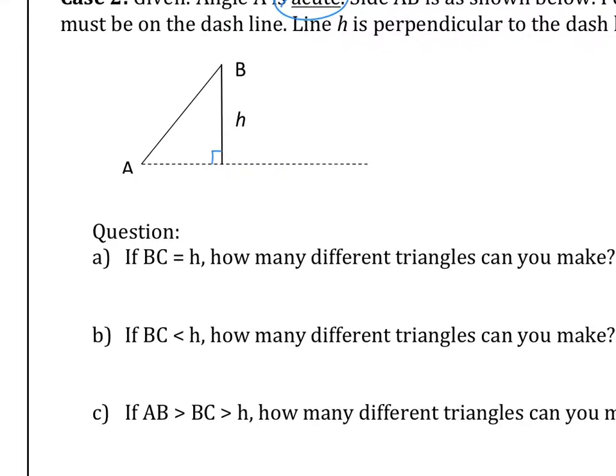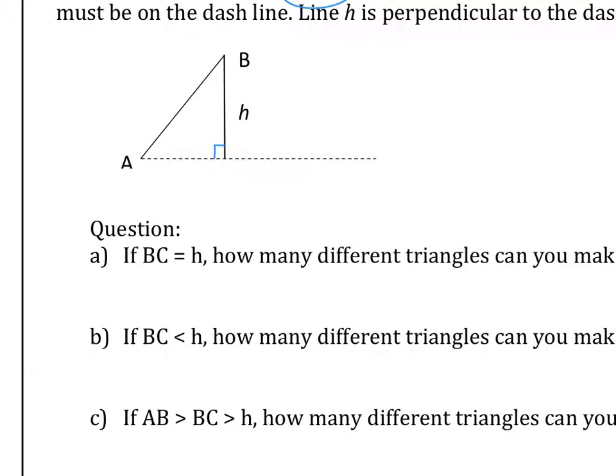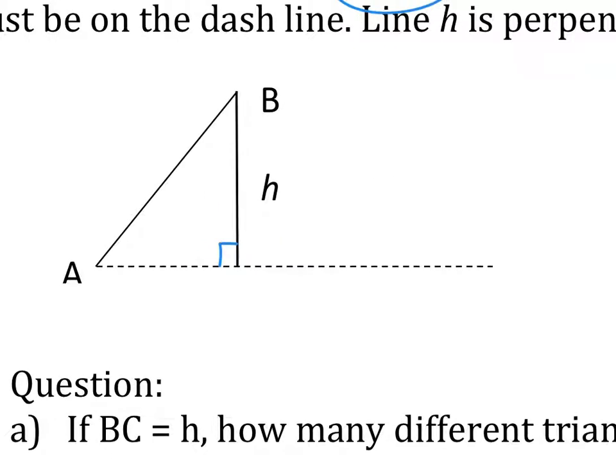Four cases, or four questions. If BC is H, how many different triangles can you make? Don't say anything. If BC is shorter than H, how many triangles can you make? If BC is in between AB and H, meaning a length like this long, one set length, I'm not talking about infinitely many ways of making BC, just this one length, in between AB and H, how many triangles can you make?